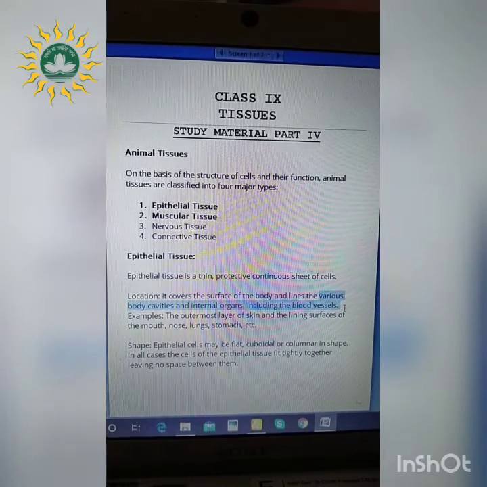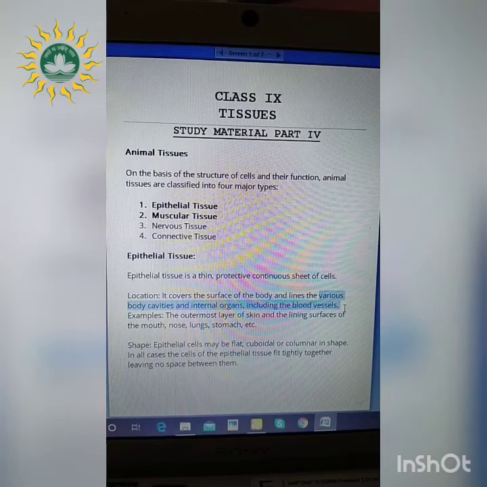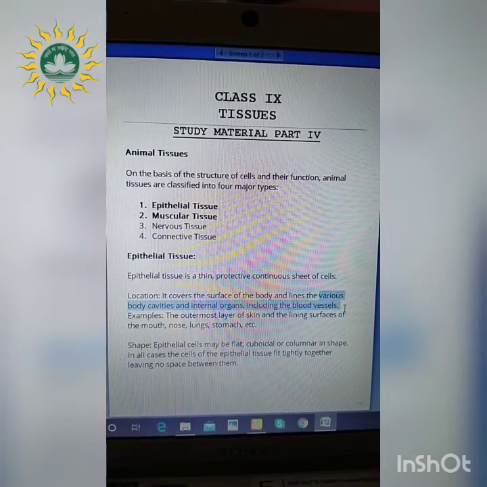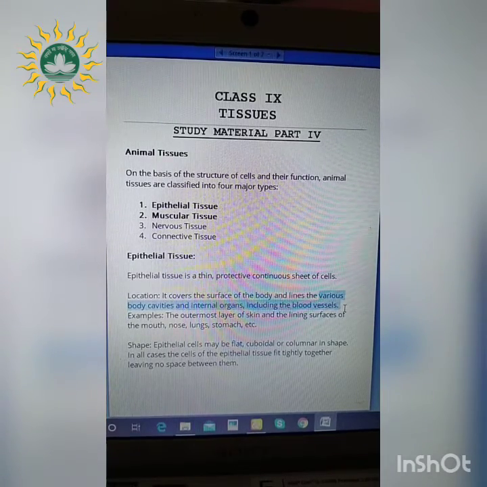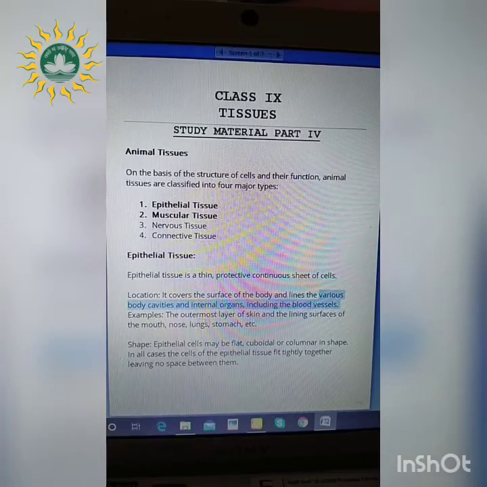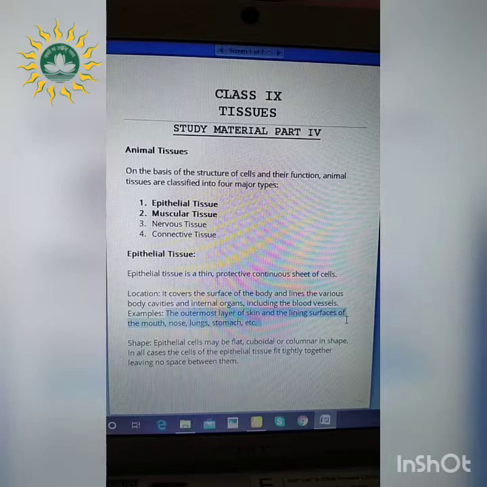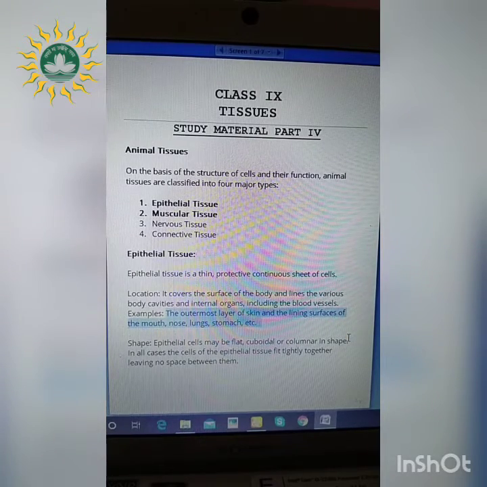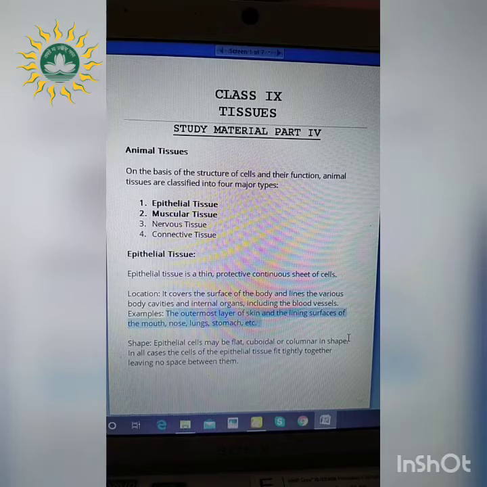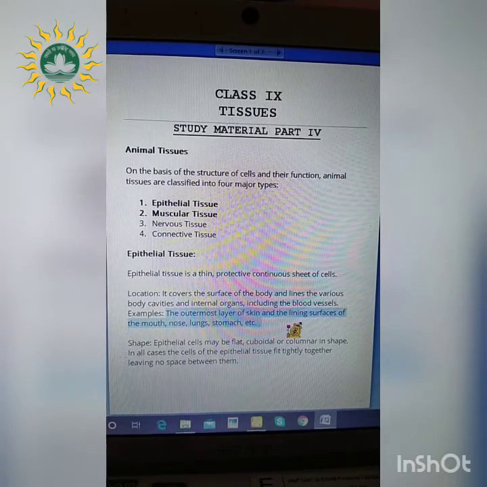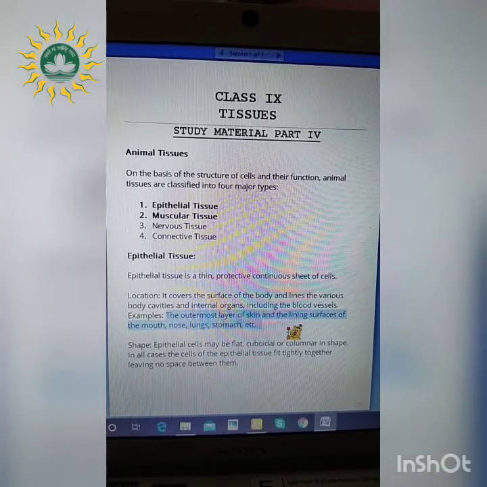Wherever the outermost layer is present, that is referred to as the epithelial tissue, which is very thin and helps in the process of protection. Examples: the outermost layer of skin and the lining surface of the mouth, nose, lungs and stomach. If it is asked what is the location of epithelial tissues with examples, you have to write this as the examples of the location of epithelial tissues.